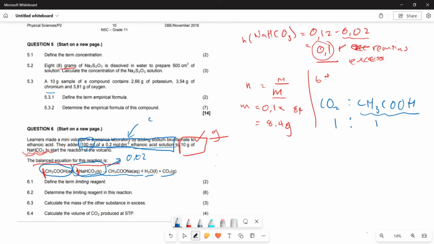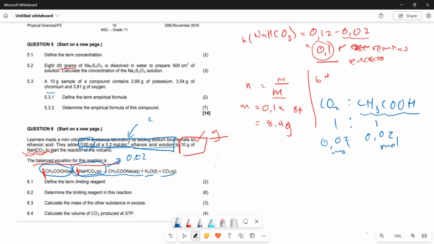The ratio is 1:1. And what is the mole that you had here? It is 0.02, which means the mole of your carbon dioxide is also going to be 0.02 moles, right?